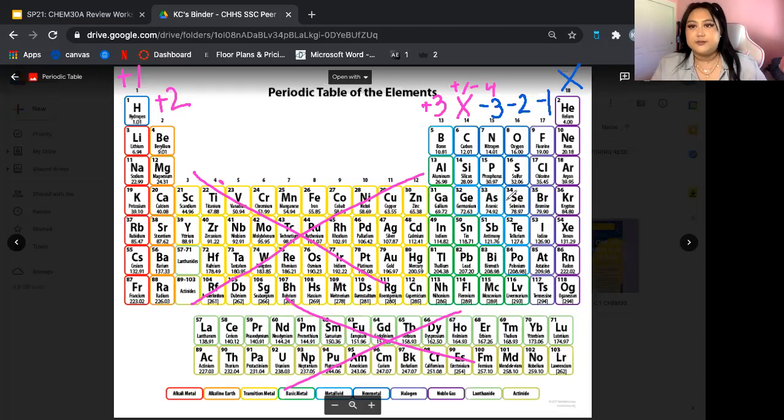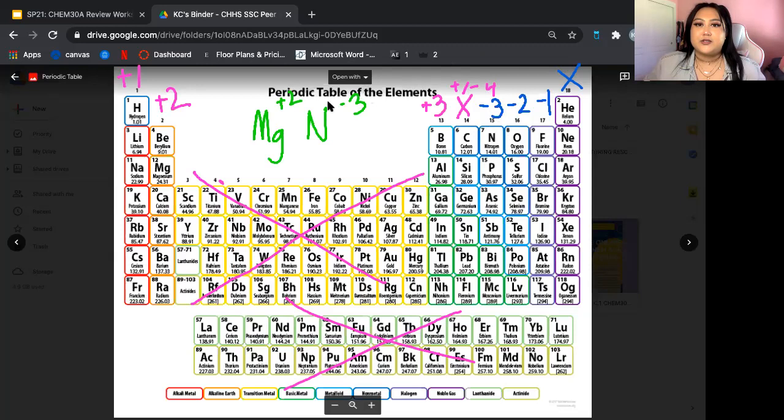Yeah, so you just looked at the periodic table. But if it was like Mg and N, would you switch the numbers? Yeah, so if we did Mg and N, since this has a +2 and this has a -3, you would do the cross method.